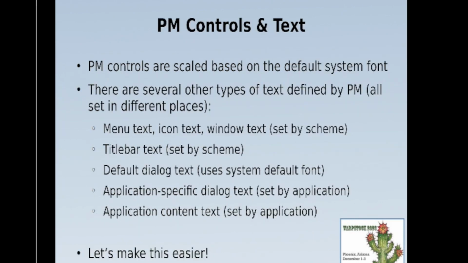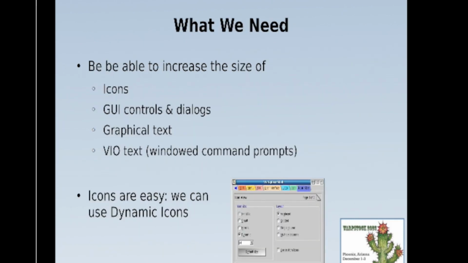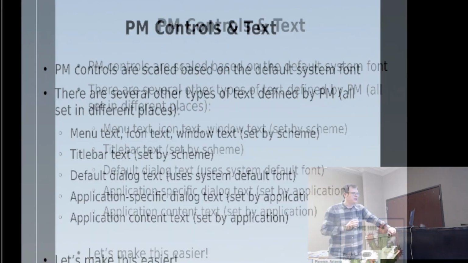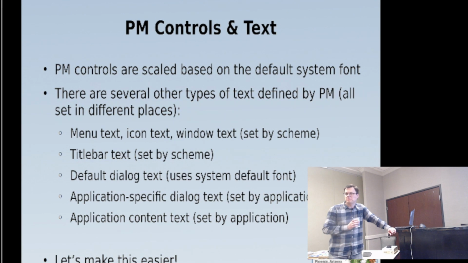So, for PM controls and text, it turns out that IBM gave us some help here, though not everybody knows about this feature. It's kind of hidden. Native Presentation Manager controls are actually rescaled automatically depending on the default system font.